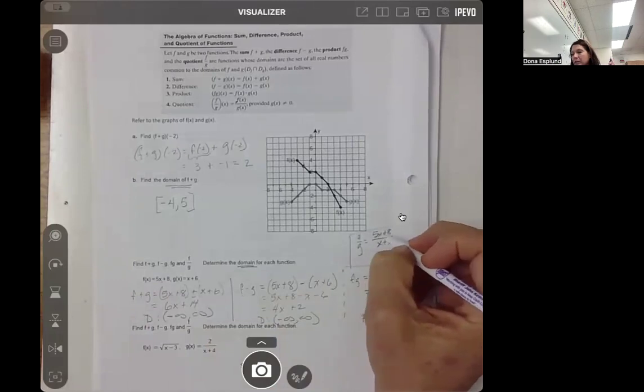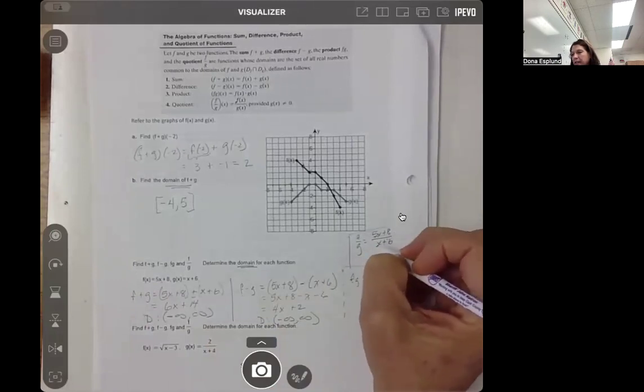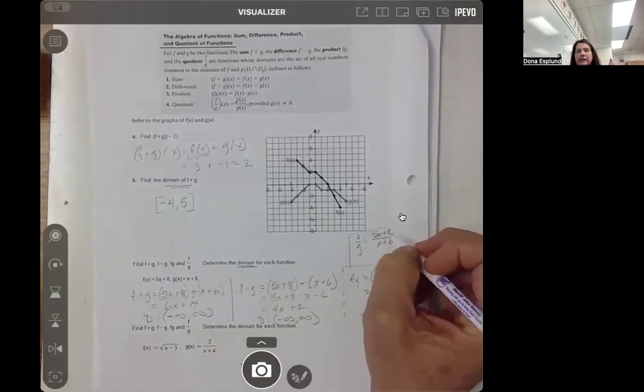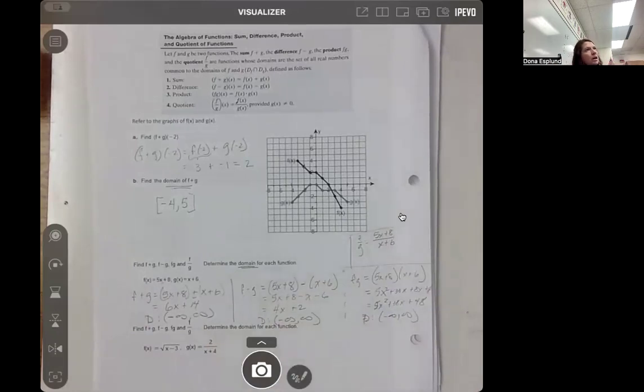Remember, the 5x is connected with the 8, and the x is connected with the 6. When they're added or subtracted, they're considered one term. So I cannot cancel those x's out and simplify. So that's my answer, but my domain would have a restriction. What can x not equal?